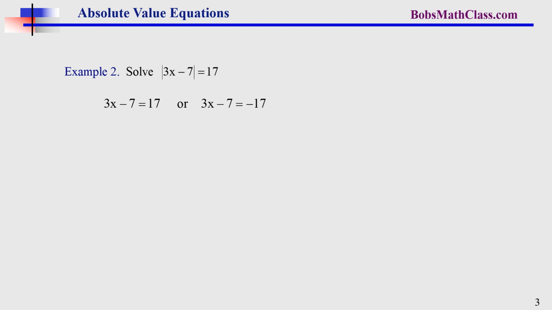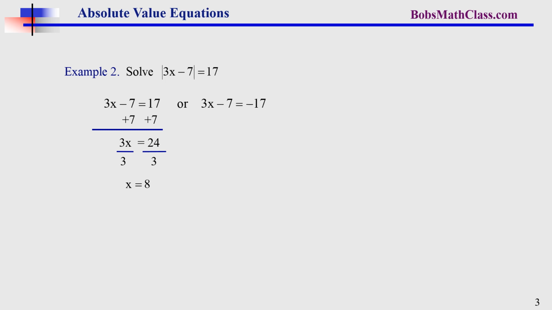I tend to do the positive one first on the left, and the negative one on the right. Okay, add 7 to both sides. We'll work on our first equation. That gives us 3x equals 24. Then divide by 3 on both sides. X equals 8.